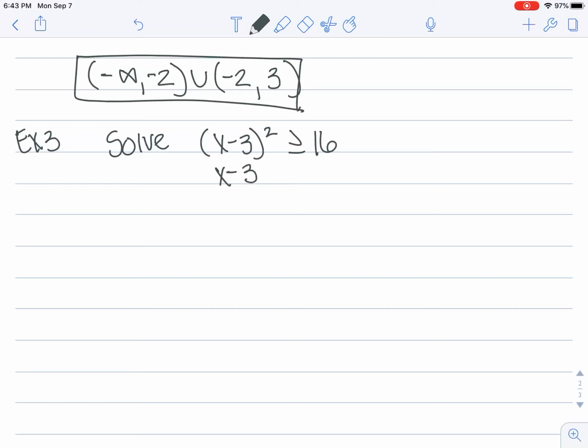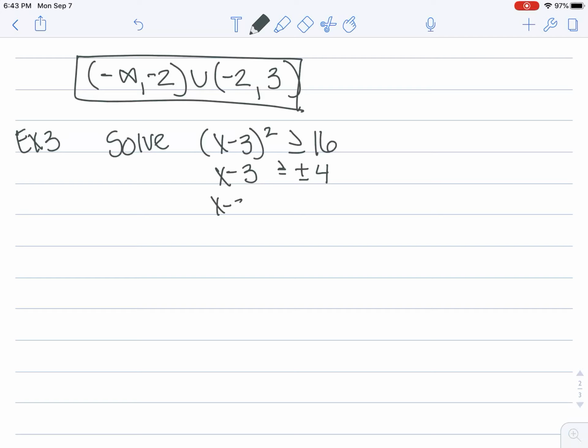So x minus 3, you can literally imagine that this is strictly just like an equal sign. That's how we solve inequalities. Plus or minus 4. You can absolutely keep the symbol though, but because it was equal to, maybe it's easier for you.